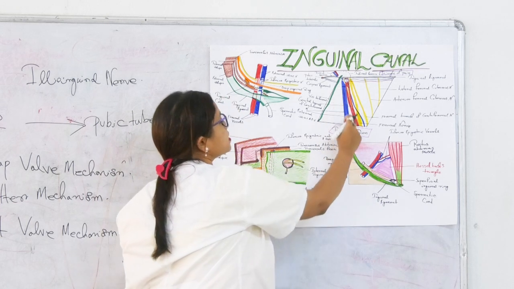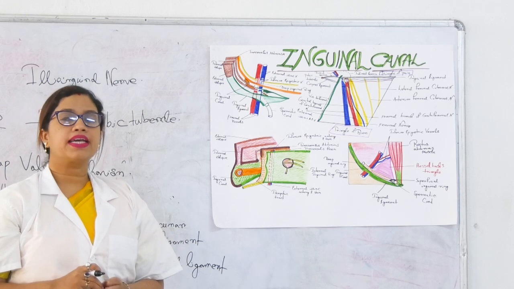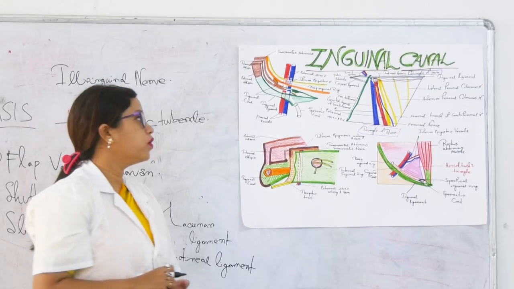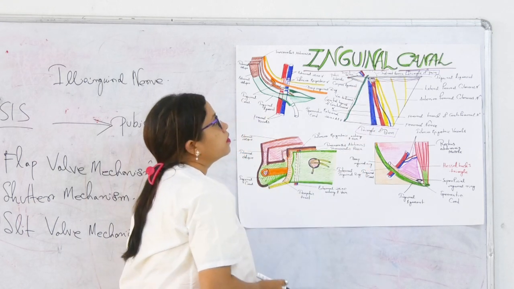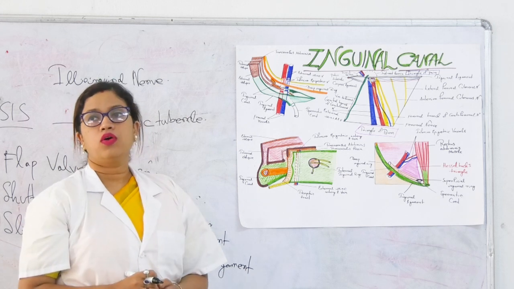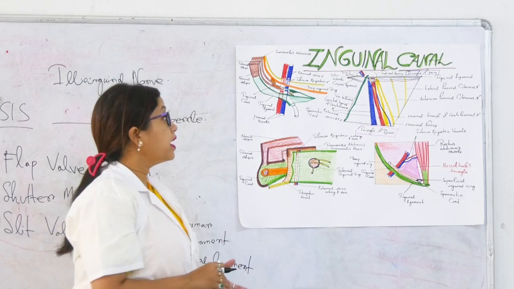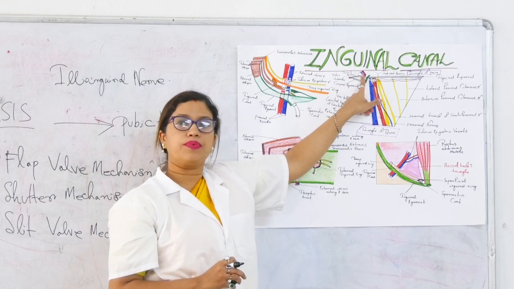Medially, what is this vein? External iliac vein. And the apex is formed by the pubic tubercle. And remember, here you will get which hernia? Deep inguinal. This is known as deep inguinal.